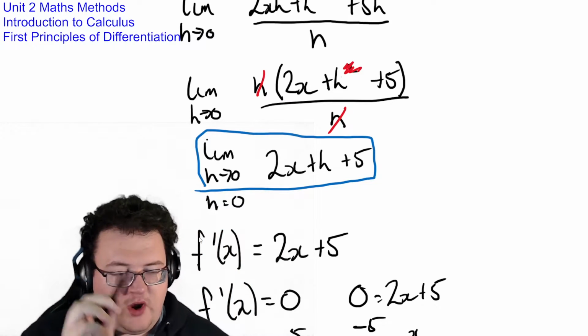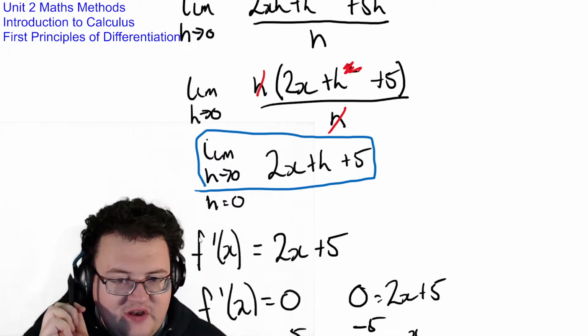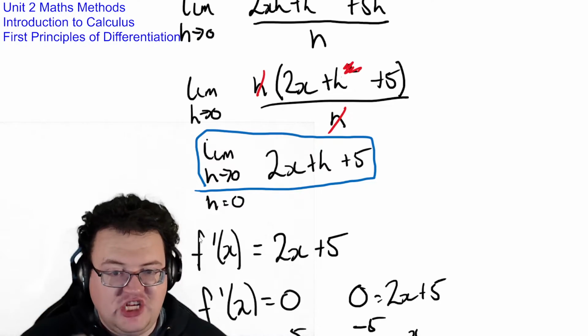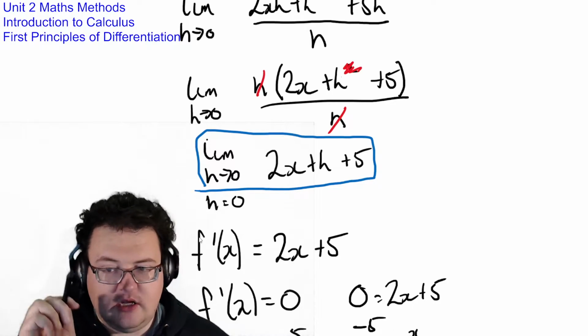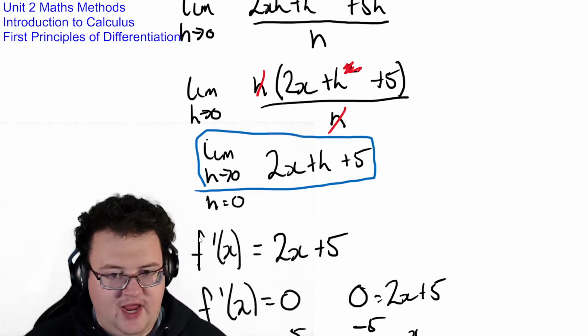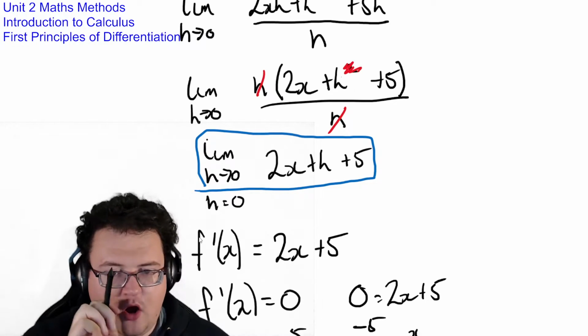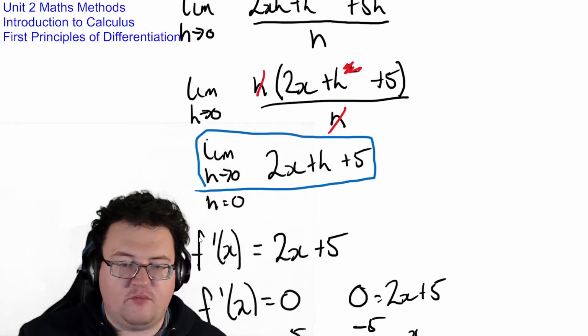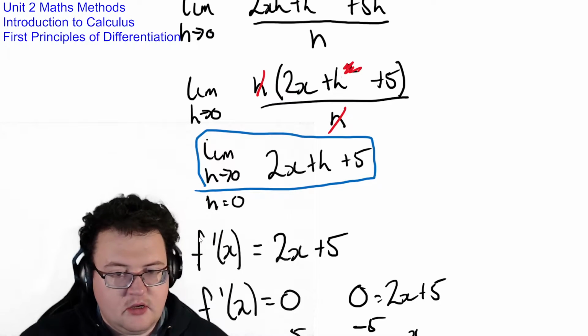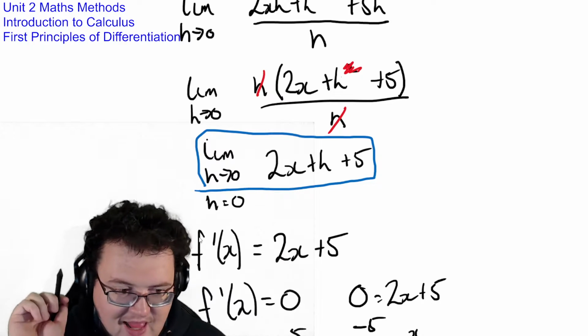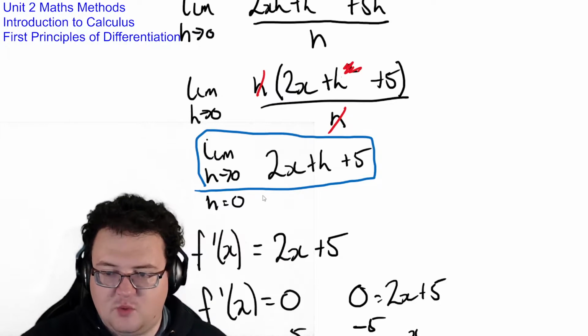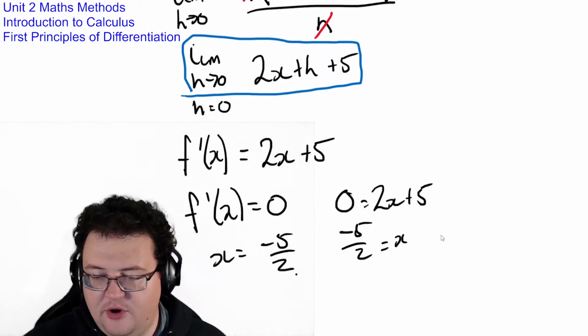The distance between any 2 points is so infinitesimally small, I just say it's 0. So I say it's 0, it goes away. So for any point on the original quadratic, x squared plus 5x plus 4, that describes the gradient at any point along there.